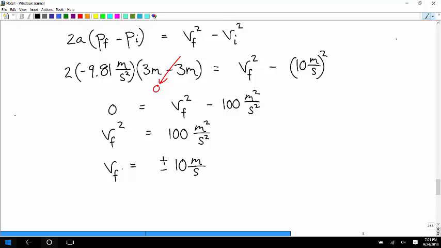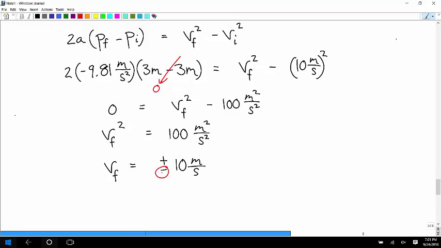What we know physically is that the one we're looking for is when the ball's on the way back down. So we know the ball has whatever sign corresponds to down. In our case, we said positive was up. So when the ball's going down, it's negative. And so the final velocity is negative 10 meters per second.